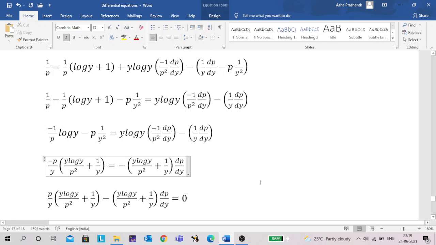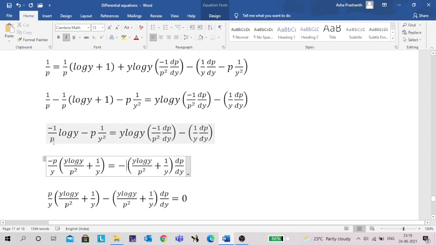Okay, let it be. So I have to convert this term in the form of this. So that's why I am multiplying by p by y. If I multiply the equation by p by y, sorry, I'm taking the common p by y, what I'll get here is y log y by p square.